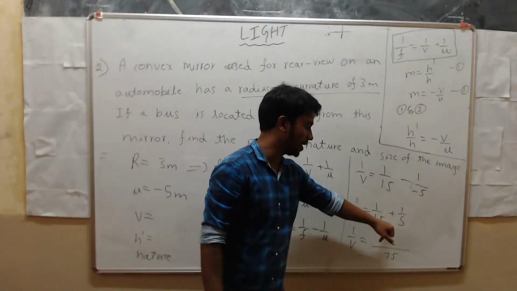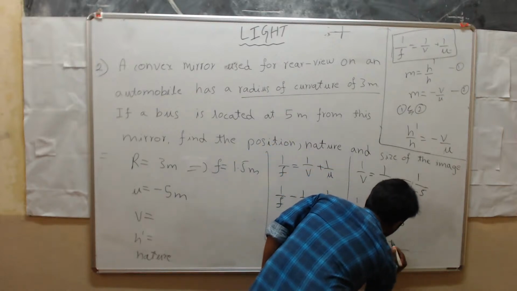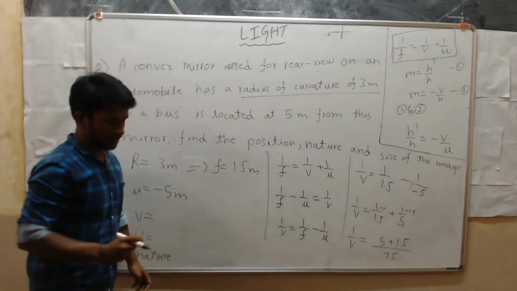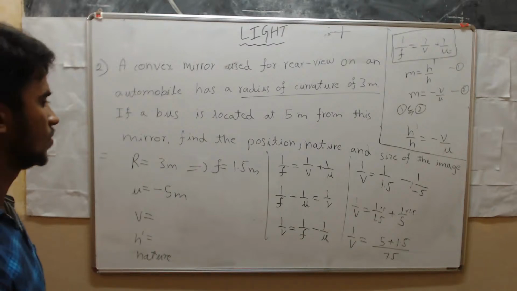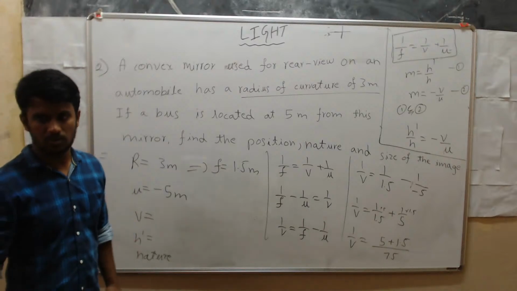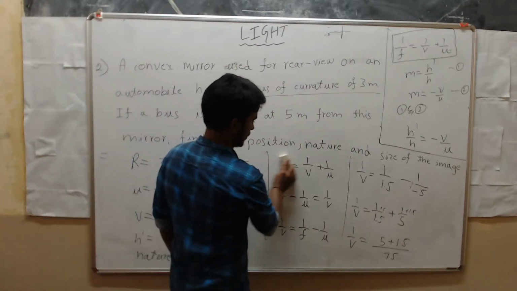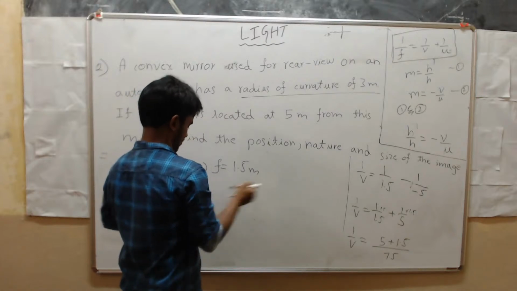Next, multiply here by 5, so that is 5, plus here you have to multiply by 1.5. Write fast.